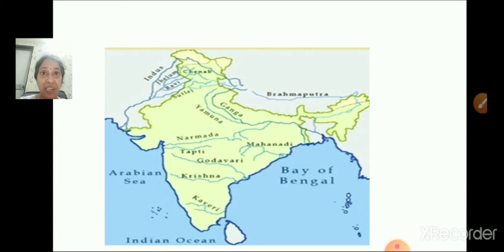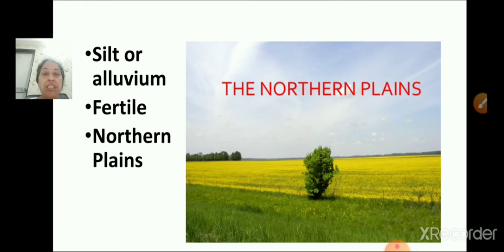So children, do you remember this we had learned in the previous class? As the river flows, the rivers bring with them fine soil called silt or alluvium.